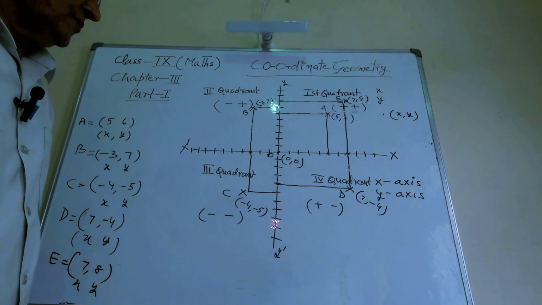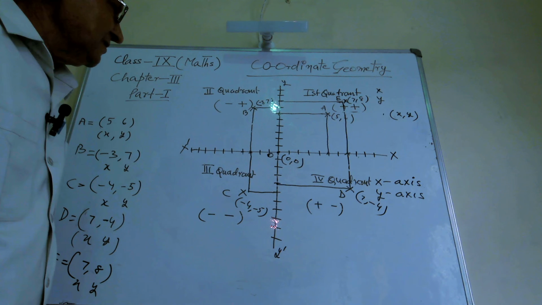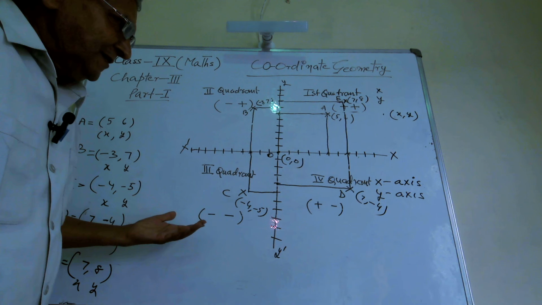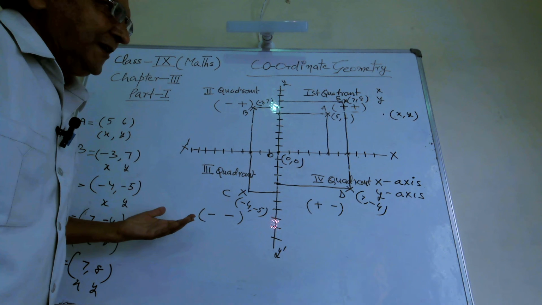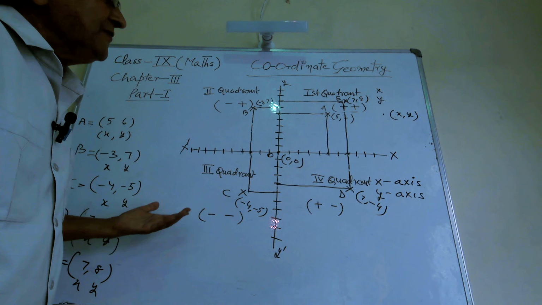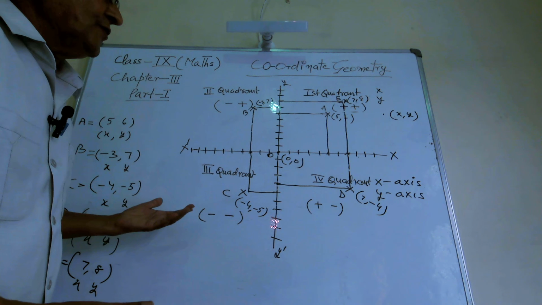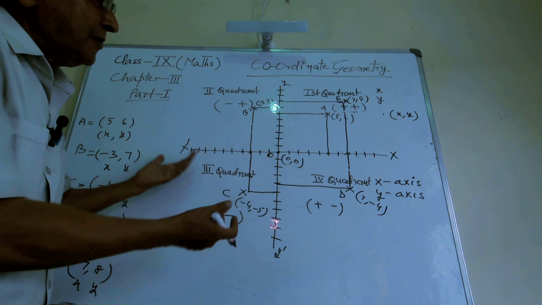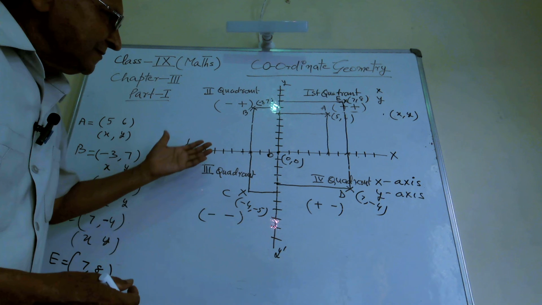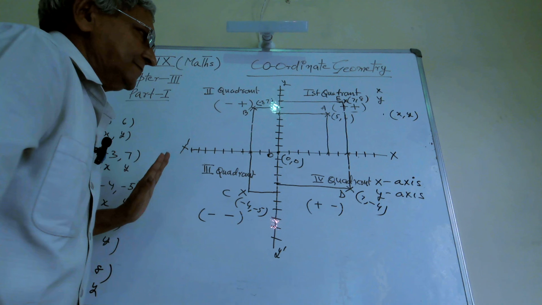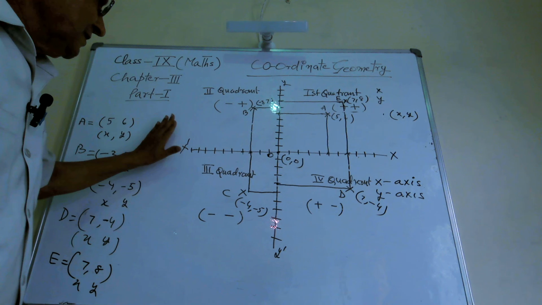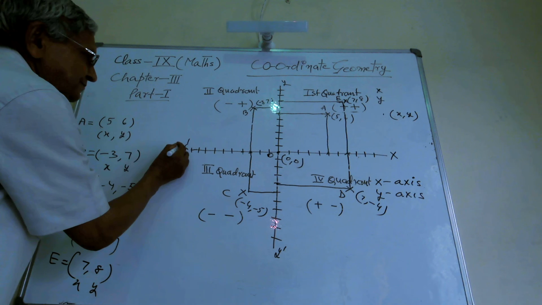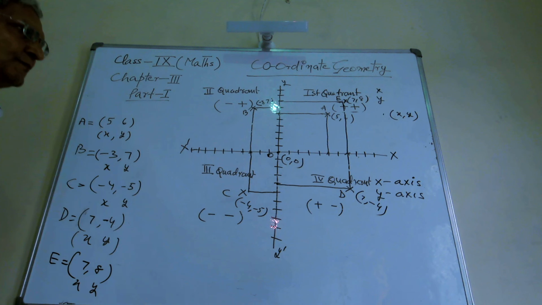So this is the starting knowledge of the graph, and later we will take many questions on equations and solve them with the help of the graph. Then this knowledge will be applied. So do some more questions.